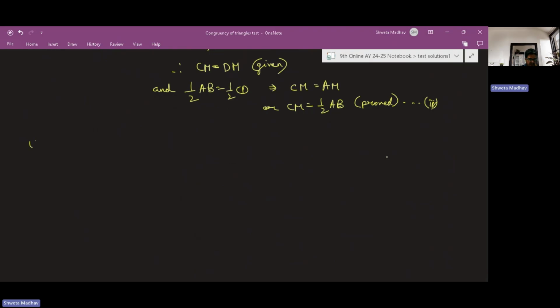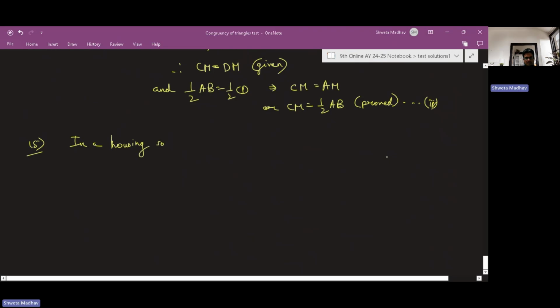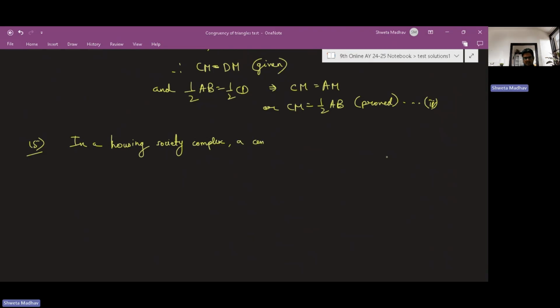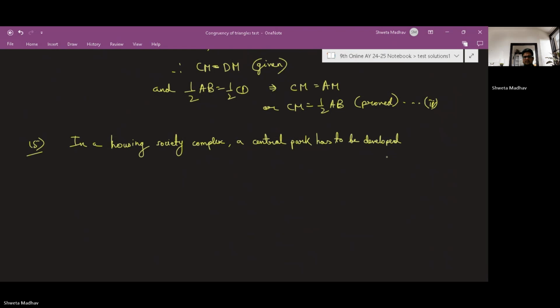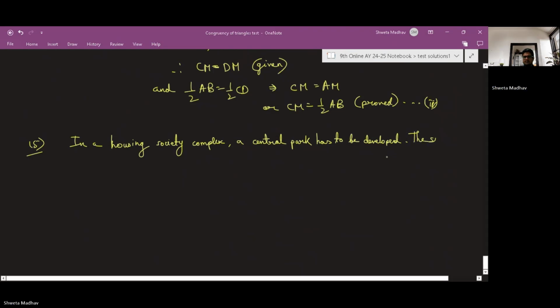Then in question number 15, it is told that in a housing society complex, a central park has to be developed.